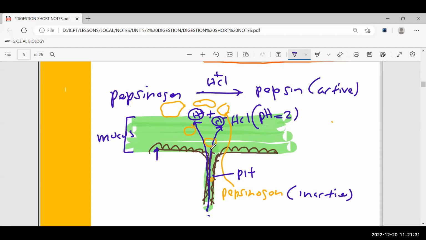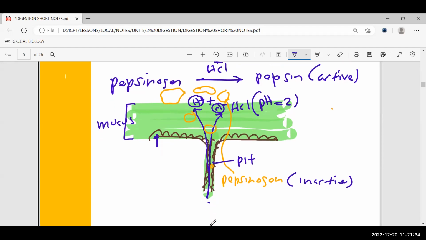So first, digestion starts. Protein is converted into fragments of peptide. The protein's structure is mostly a tertiary structure, a globular shape.